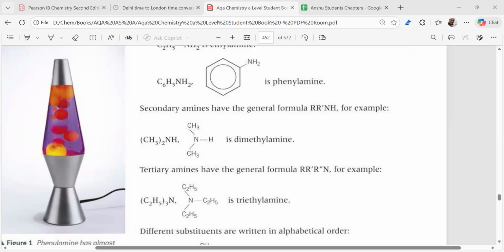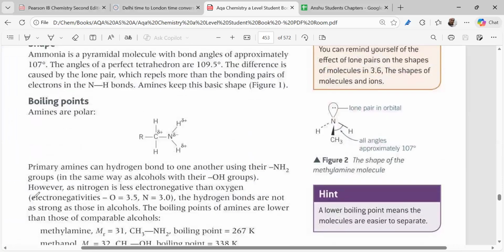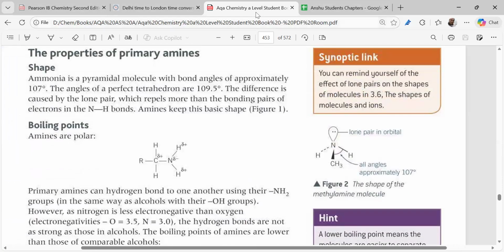Now we discussed that an amine will have a lone pair of electrons, which won't be shown in your exam paper. This is a common trick they use: they don't show the lone pair of electrons. So how many electron domains are there on this nitrogen? Four electron domains.